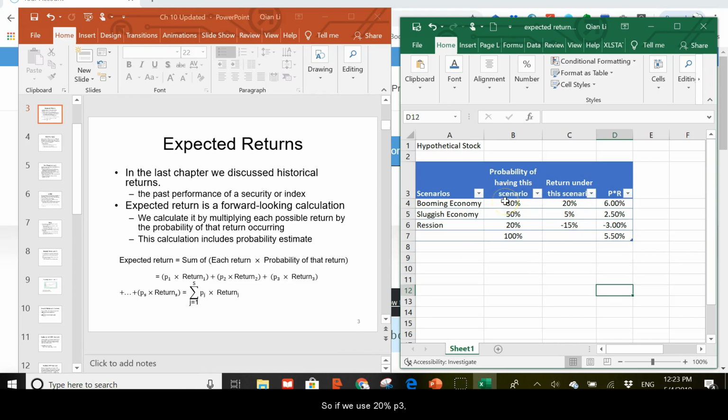So if we think these 3 scenarios are all that could be happening in the future, and we have a reasonable estimate of the probability of each scenario occurring, then we sum these up, and we get 5.5%. Essentially, that's what we are doing here. Under 3 scenarios, the probability of each scenario multiplied by the return under each scenario, and then we sum all 3 scenarios up, and we get the expected return of 5.5%.